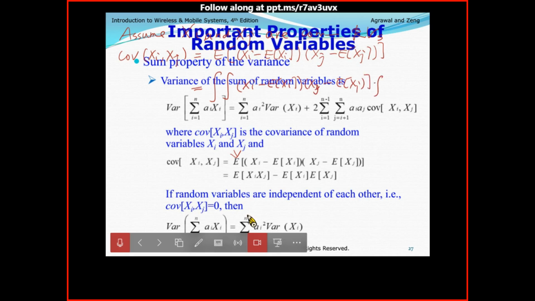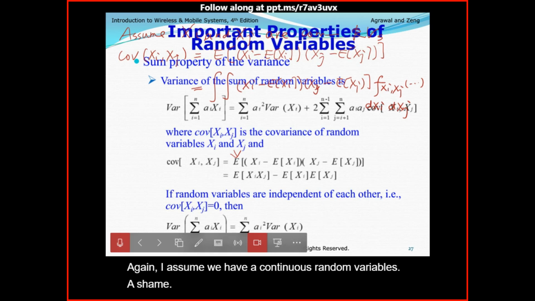Well, if so, we have i, j. Right? Well, if so, then we have an integral, but we try to expand.